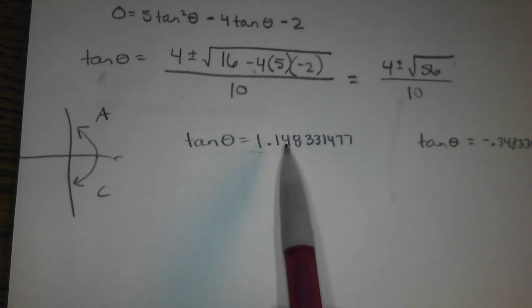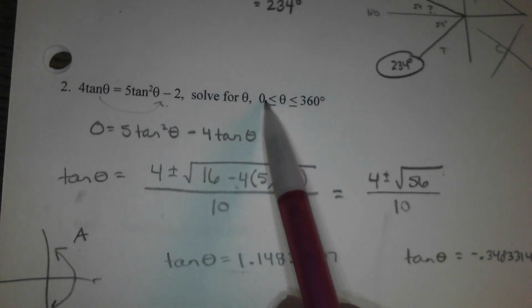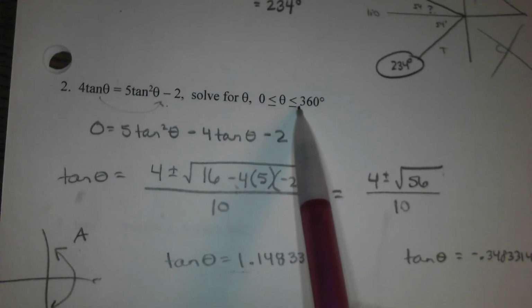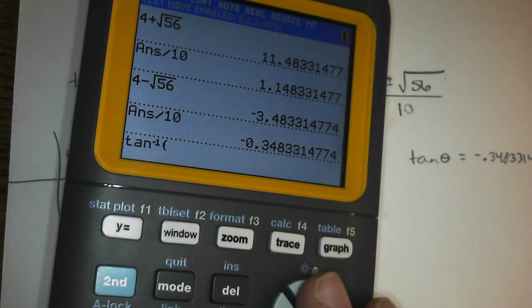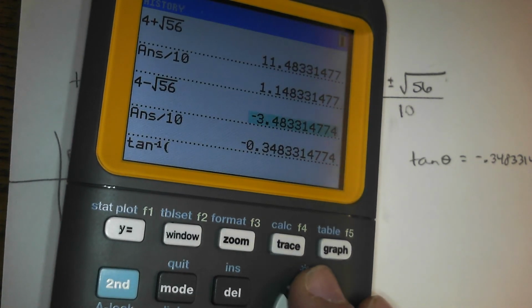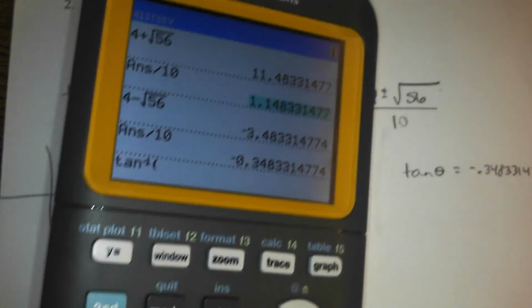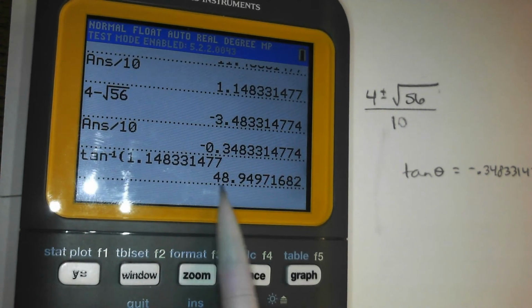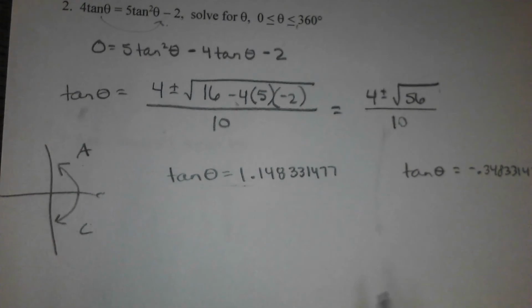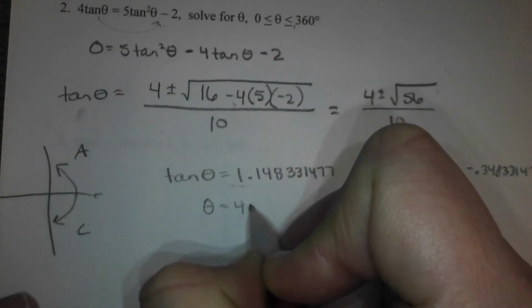So we should expect something that's between, and we're still in degrees, thank God, between 0 and 90. So if I do inverse tangent of, what's it, the 1.14 number, so I went up and I'm just going to grab that, and let's go to the nearest degree, 49 degrees. So theta equals 49 degrees.